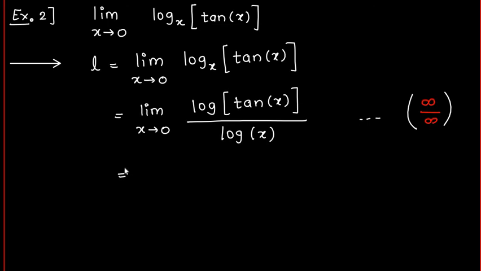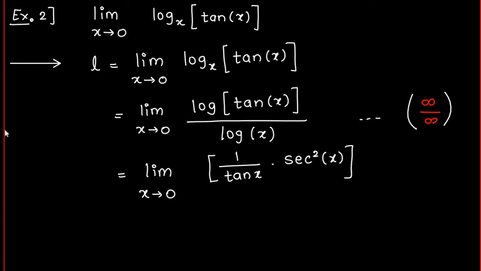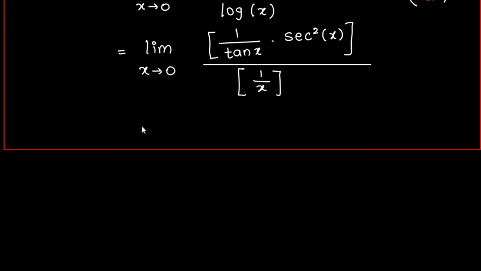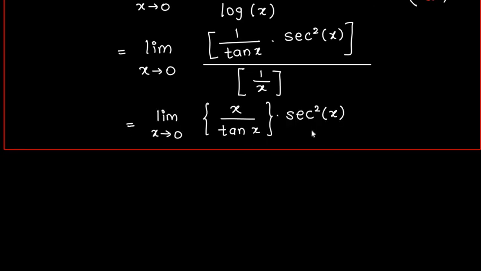Then by applying L'Hopital rule, the derivative of the numerator will be 1 upon tan x into the derivative of tan x, which is sec square x. So that will be the function in the numerator. And in the denominator, we get 1 by x. If we simplify this, we get x upon tan x into sec square x.